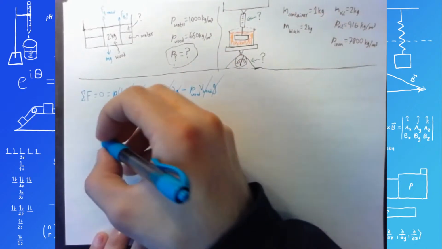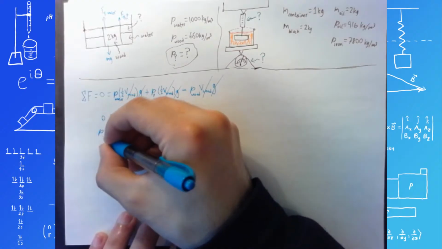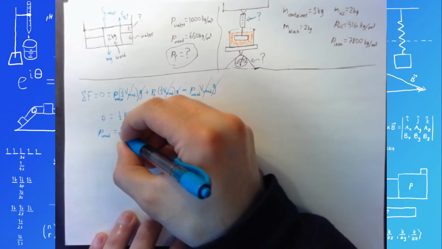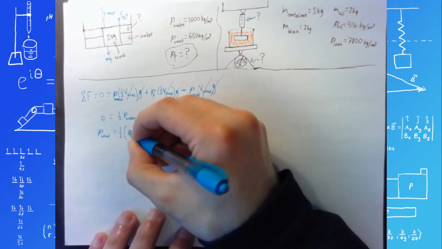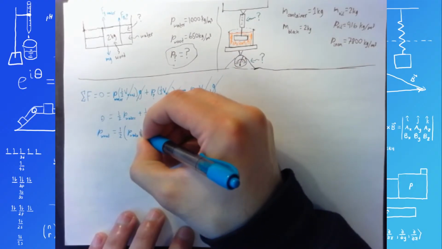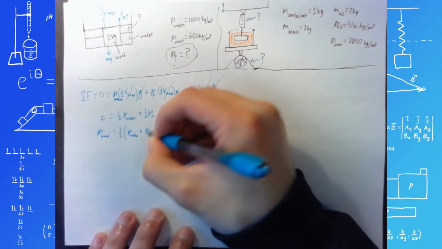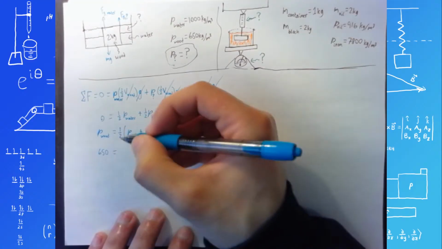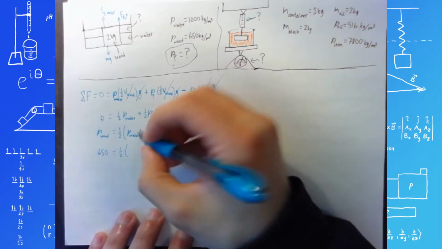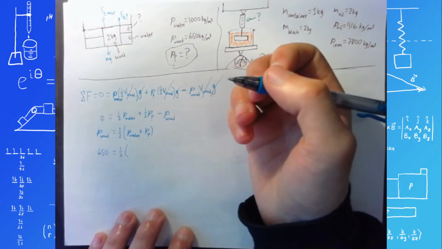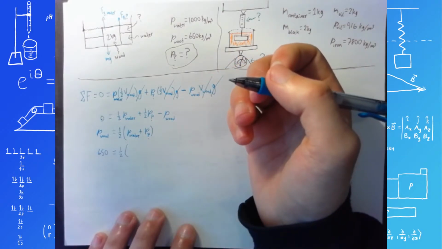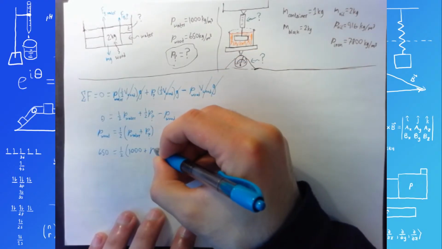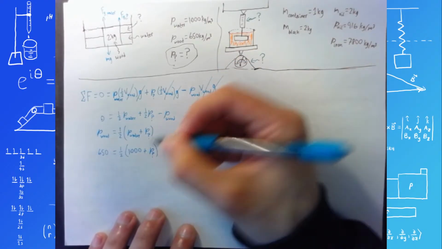Add rho wood to both sides. Factor out the 1/2 here, and you've got rho water plus rho mystery fluid. The wood is 650 kilograms per cubic meter, the water is 1,000 kilograms per cubic meter, and that leaves us with just the mystery fluid having an unknown density.